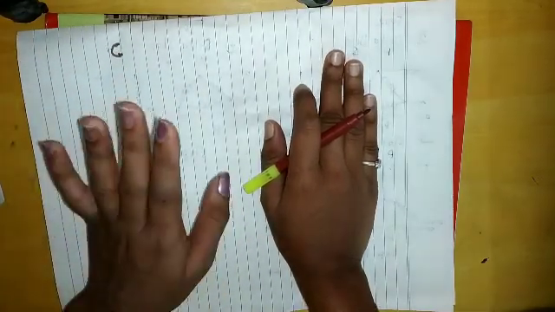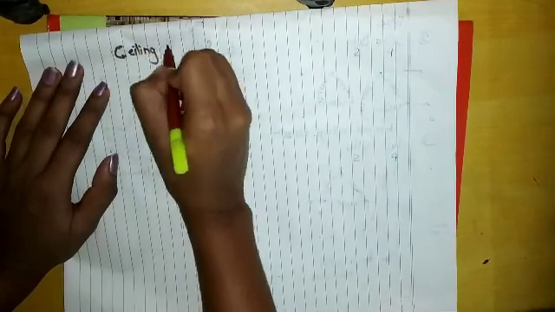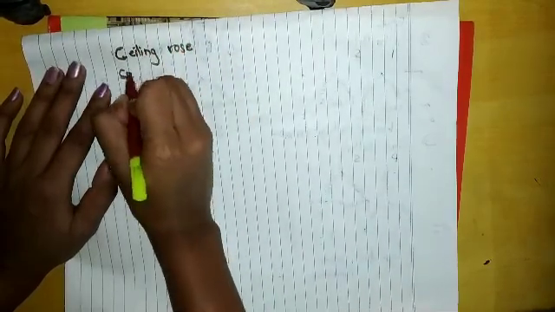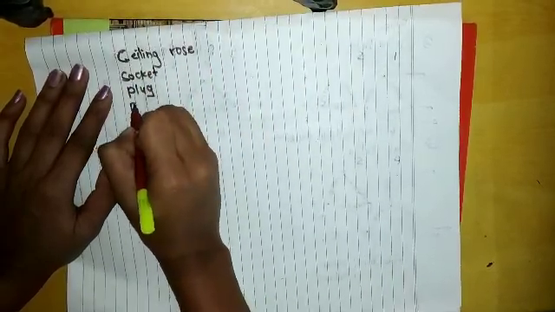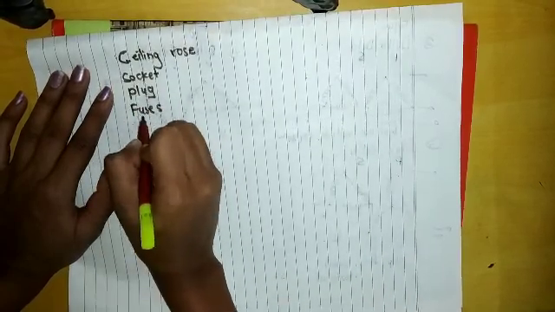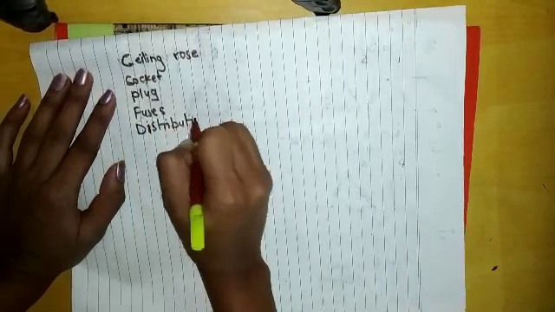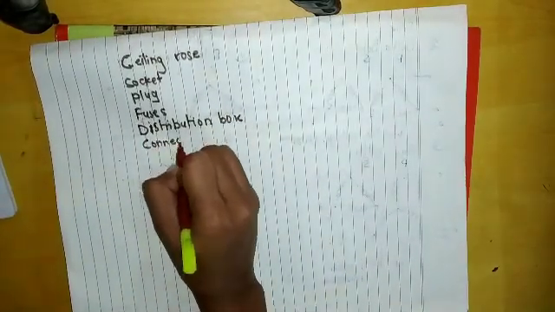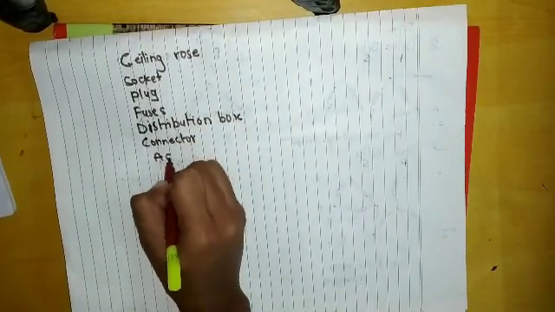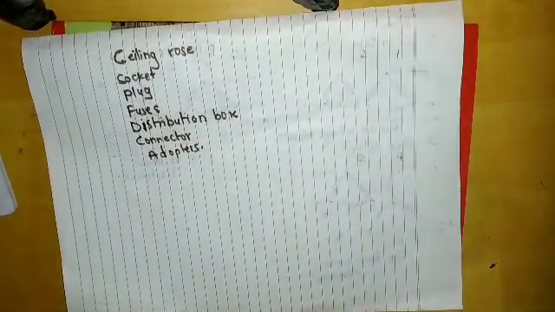Now in this chapter, types of wiring and wiring accessories, we are going to see ceiling roses, socket, plug, fuses, that is fuse, distribution box, and connectors, and also adapters in today's lecture. So we will start with ceiling roses.